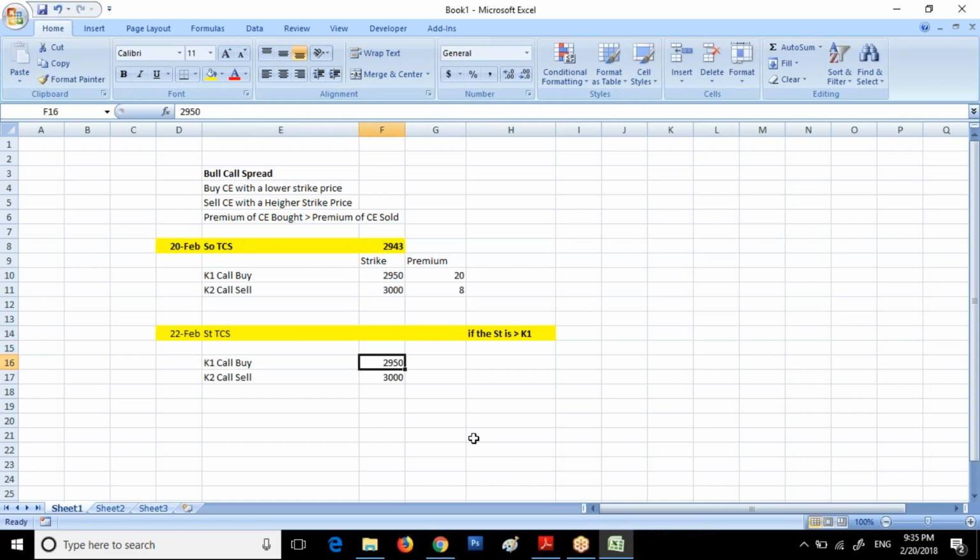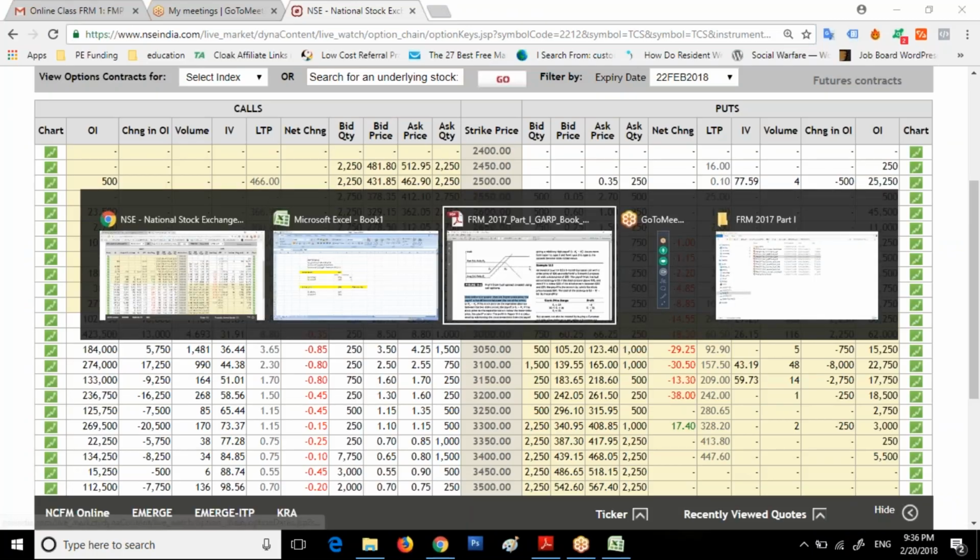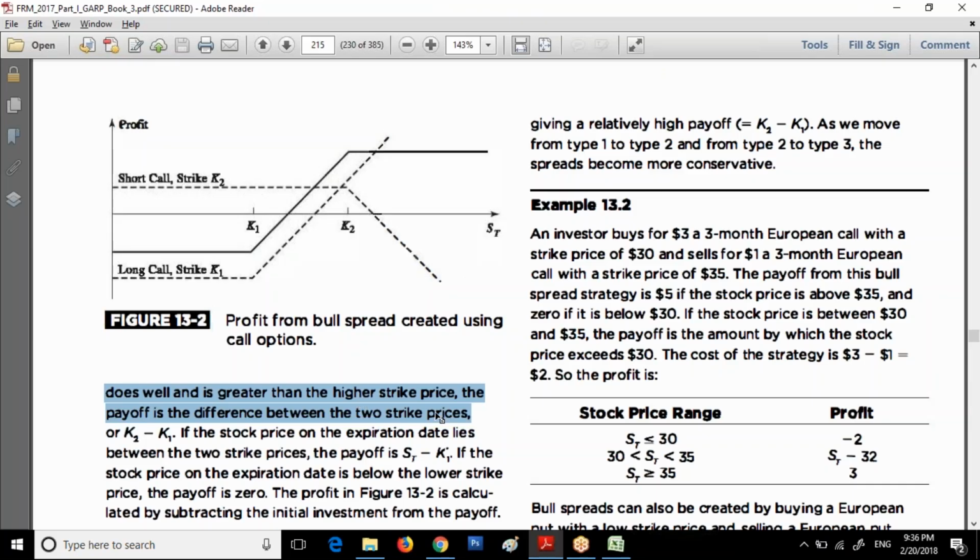K1 is 2950, so I keep it 2980. As per the theory, it is higher than the higher strike price. So the price does well and is greater than the higher strike price, and the payoff is the difference between the two strike prices, K2 and K1.